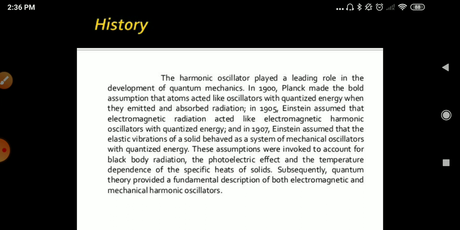These assumptions were invoked to account for black body radiation, the photoelectric effect, and the temperature dependency of the specific heats of a solid. Subsequently, quantum theory provided a fundamental description of both electromagnetic and mechanical harmonic oscillators.